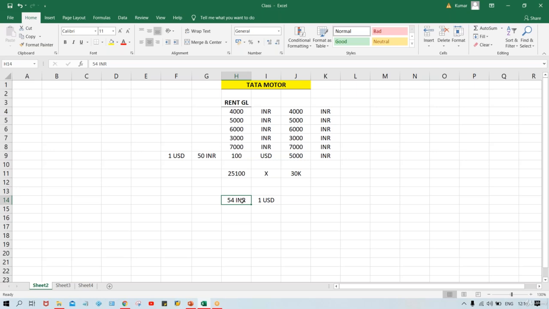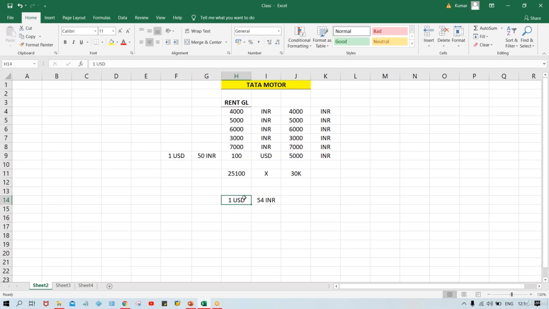I am having my local currency, but I have approached the bank saying that I want to buy US dollars from you. So the bank is saying that $1 US I'll sell you for 54 Indian rupees. It means if you give me 54 Indian rupees, then I'll give you $1 US.